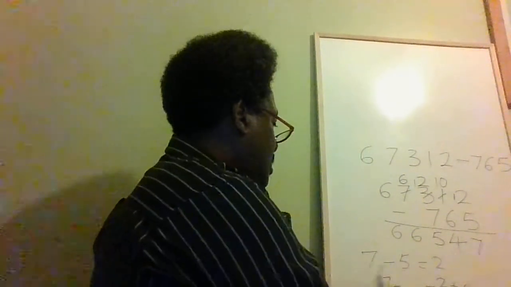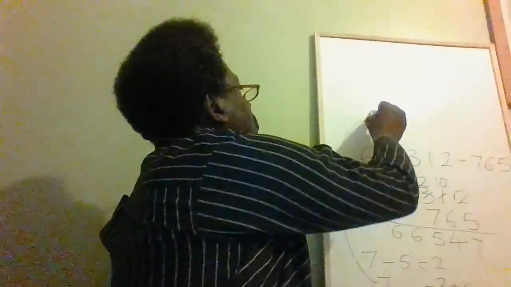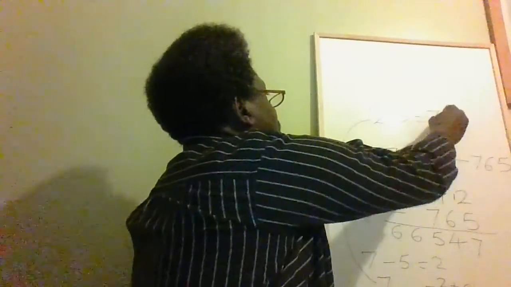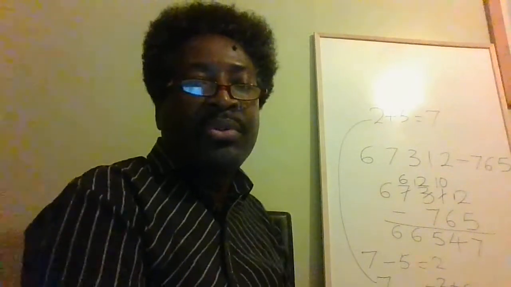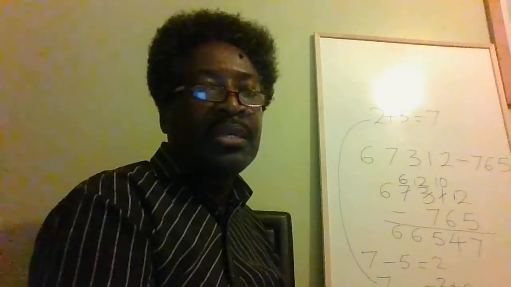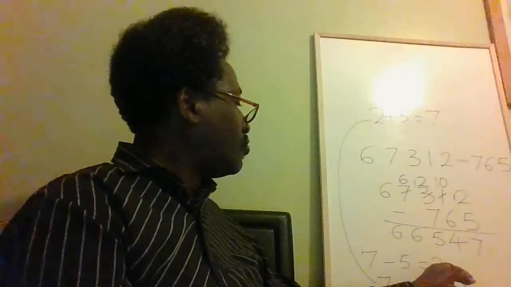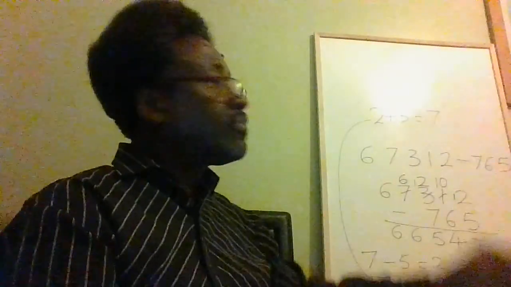If you like, you can rewrite it as 2 plus 5 equals 7. Same thing. It doesn't matter which one you put on the left or on the right of the equal sign. So 7 take away 5 equals 2. That will mean 2 plus 5 or 5 plus 2 is 7.